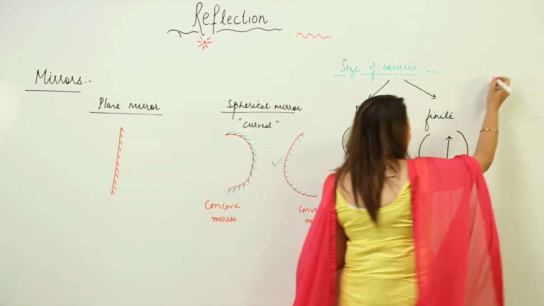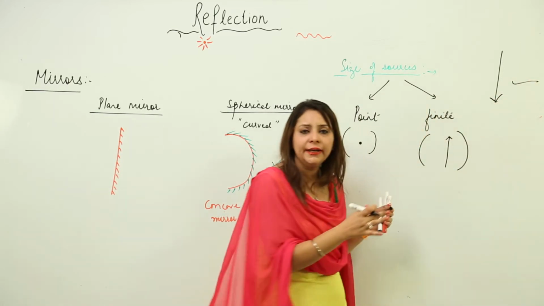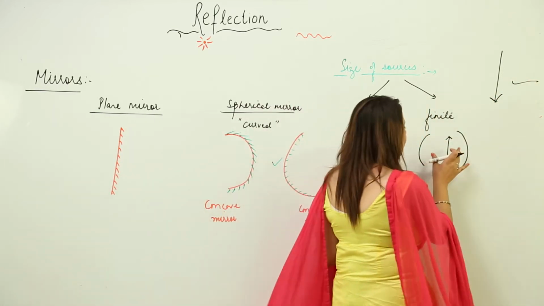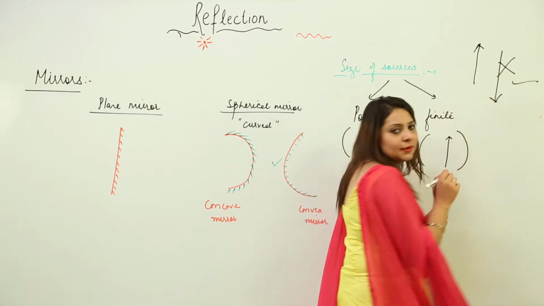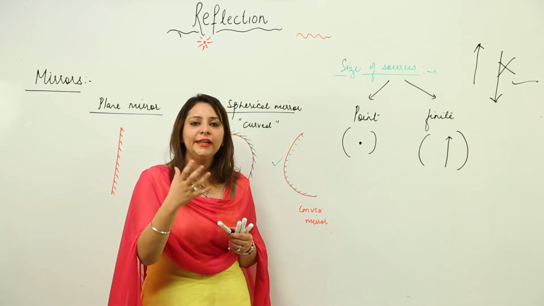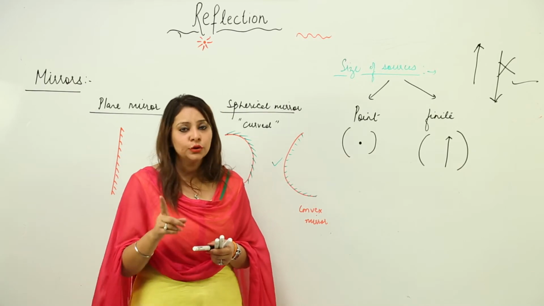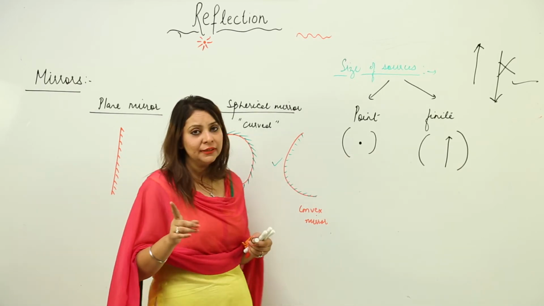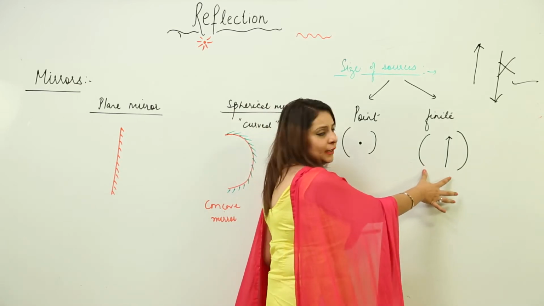Don't draw in the opposite manner. If you draw like this, it means something else in the ray diagram. Whenever you point the pointer up or down, it signifies a different meaning in the ray diagram, so don't get confused. Just draw a finite source in the same way as I have drawn it.